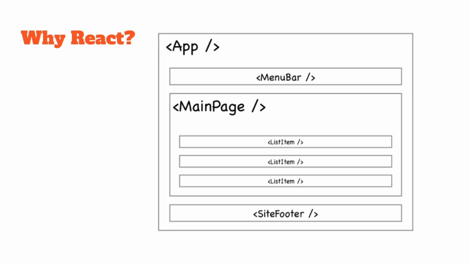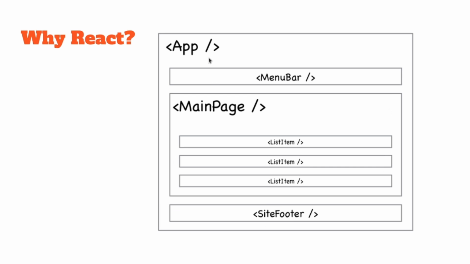For example, if you look at this small web demo, this is an application, and the menu bar can be a separate component, then you have the main page as a separate component, and then the side footer as a separate component.